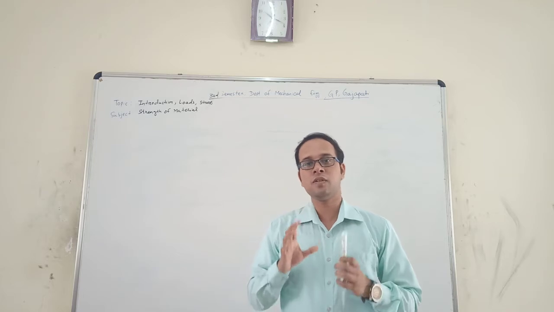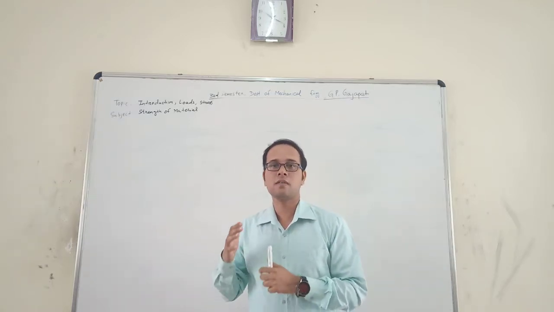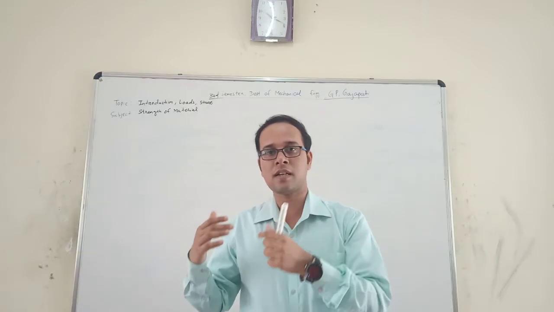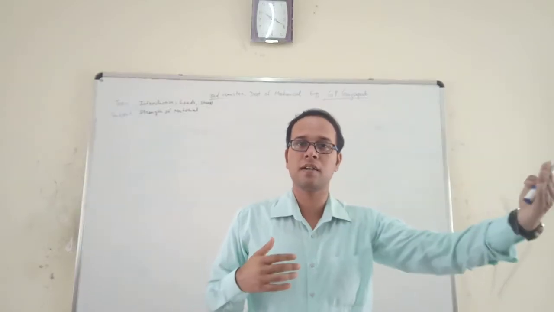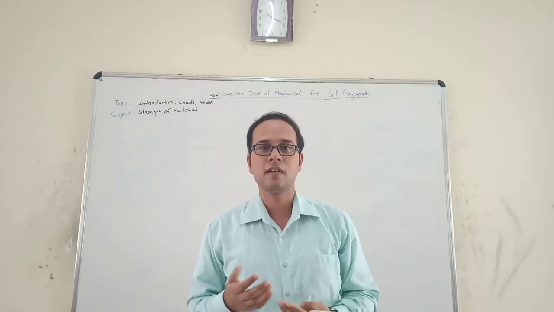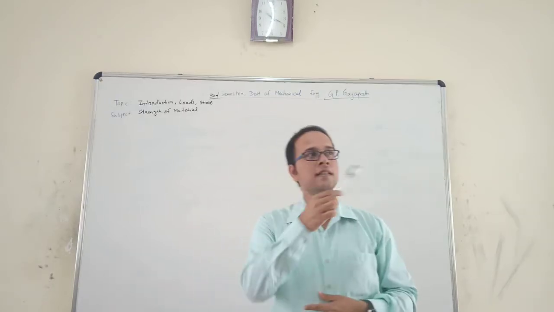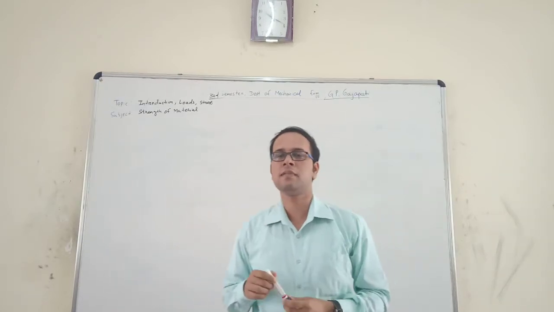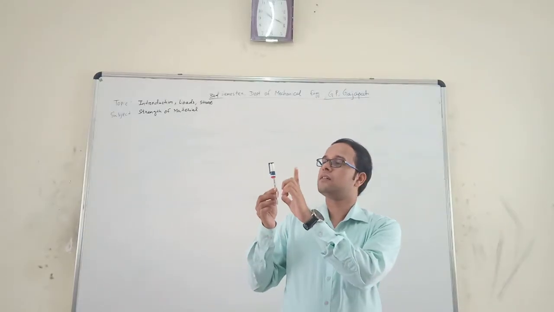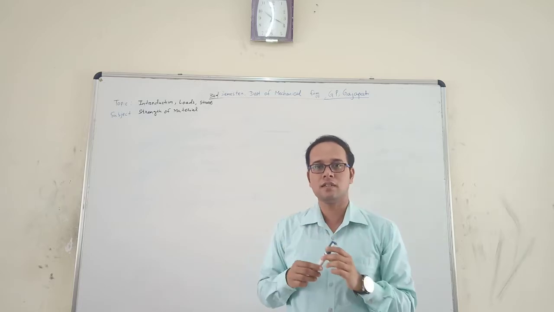Suppose the material is used at room temperature. The properties of the same material used in another environment, the strength of both will be different. Suppose we are using this pen in this atmosphere, 30 to 35 degrees Celsius, so we should design this material on the basis of this environmental condition.